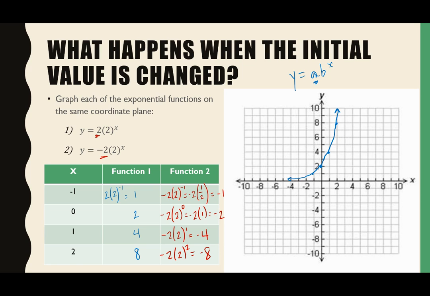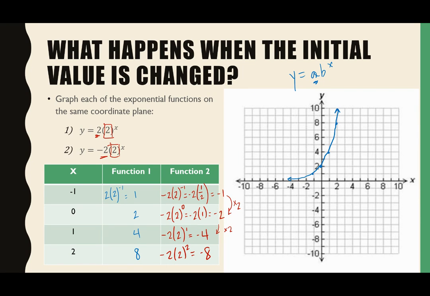Okay, so what you should notice now is we're multiplying by 2 every time still. But we've got negative numbers that we're dealing with. So our rate is the same in both of these functions, but I have a different initial value. And how does that impact my graph?